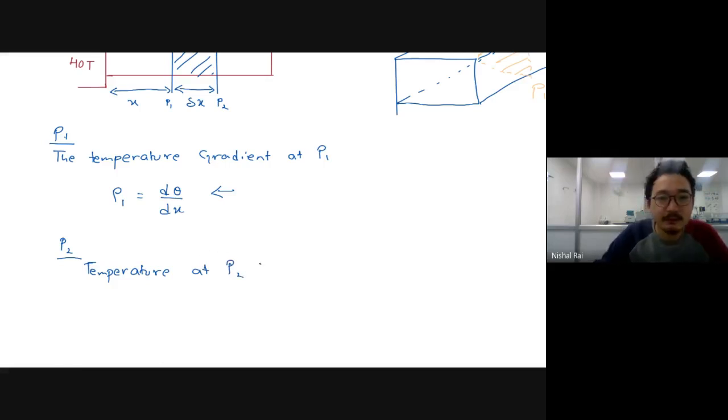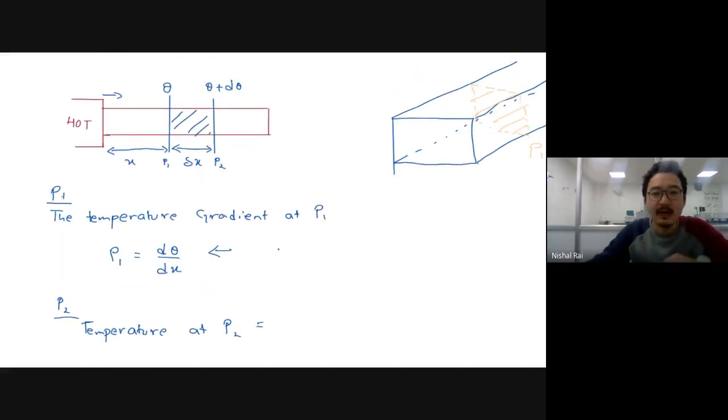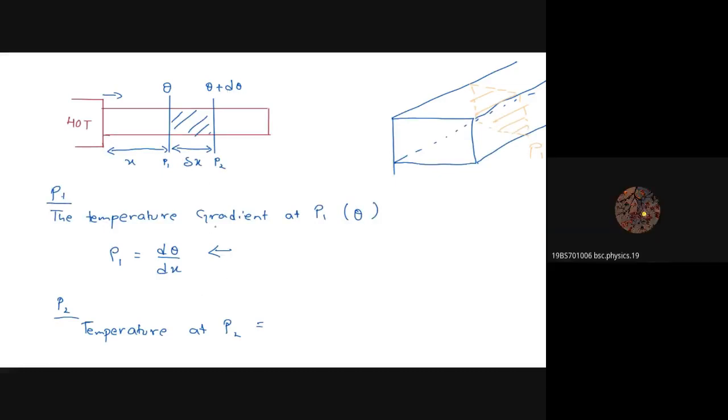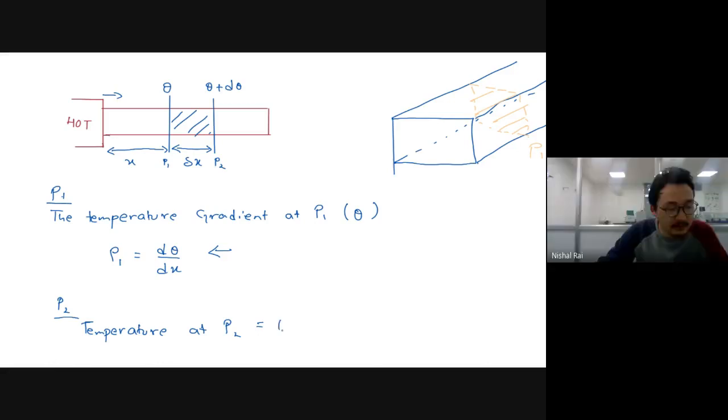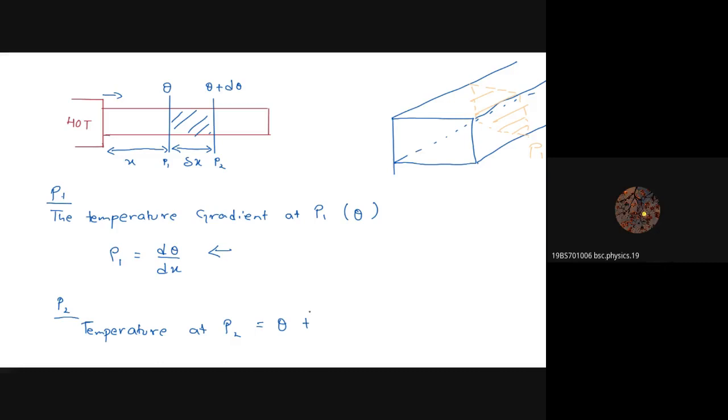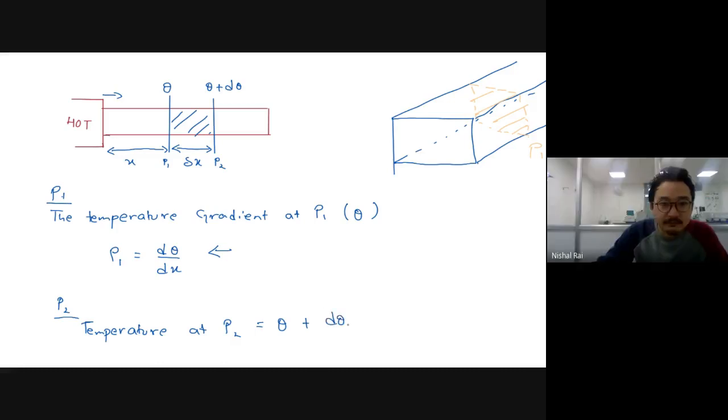What was the temperature over here? At point P1 you had a temperature of theta. At P2 it is theta plus d theta.